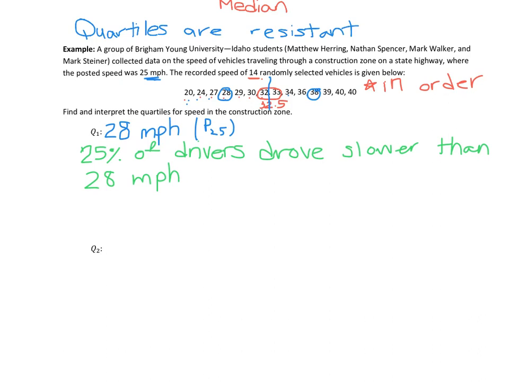And then we can do the flip side. So if 25% drove slower than 28 miles per hour, that means 75% drove faster, because that's how percentiles work. We kind of get a 2 for 1.